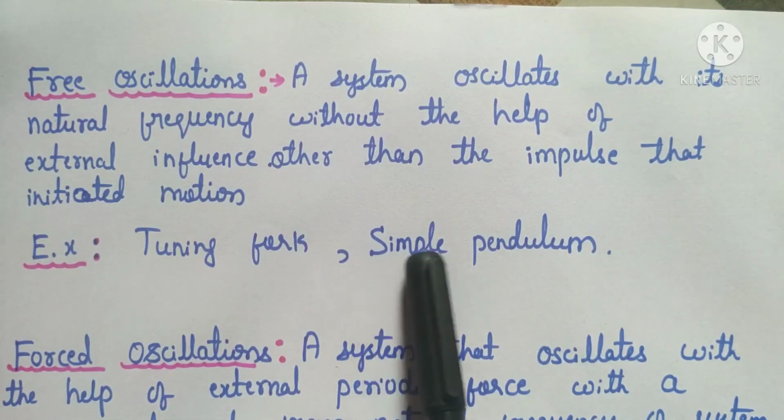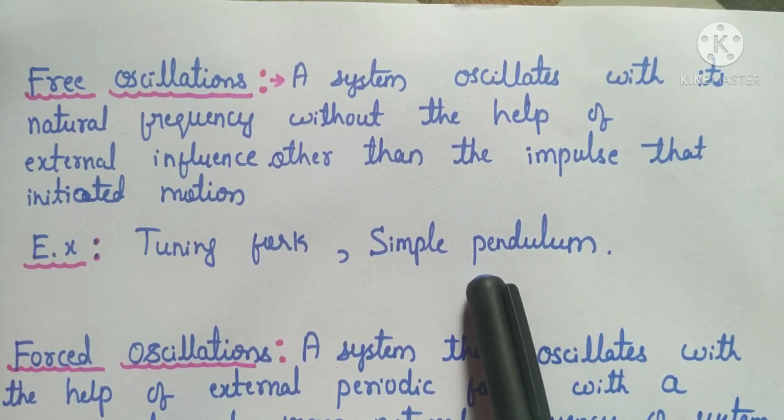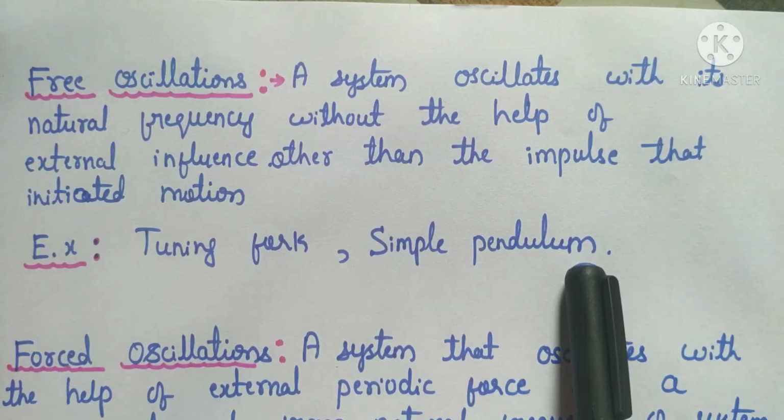And one more example, the simple pendulum. In a simple pendulum, if you drag the bob to one of the extreme positions and leave it, then the pendulum bob starts to oscillate by itself with its natural frequency without the help of any external force.